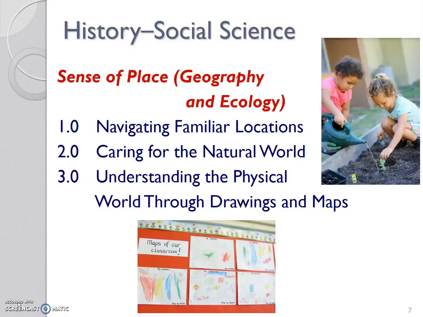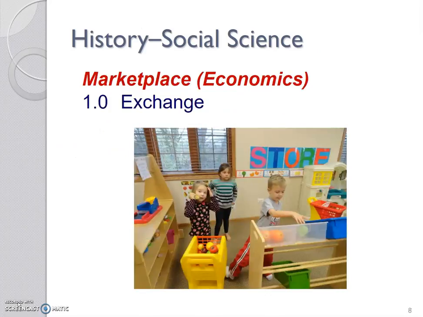The 4th strand is a sense of place, and this covers navigating familiar locations, caring for the natural world, and understanding the physical world through drawings and maps. And then the final strand within the domain of history and social science is marketplace. And this has to do with the idea that goods and services are not free. And it focuses on the economic concept of exchange.